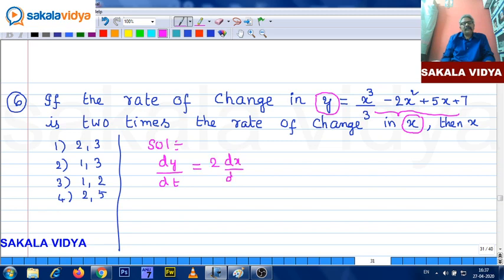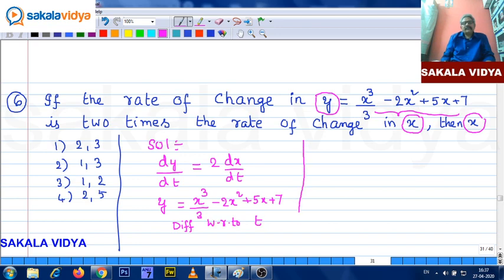Then we need to find out the x value. First, given the curve y equals x cube by 3 minus 2x square plus 5x plus 7. Differentiate with respect to not x, but with respect to time t.